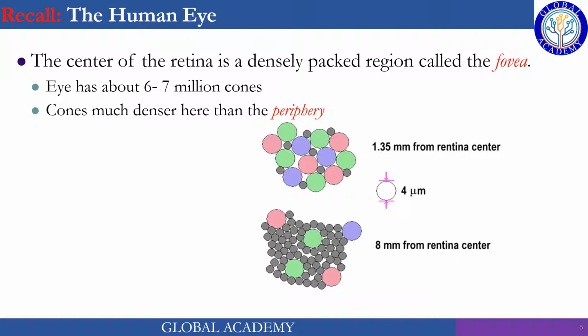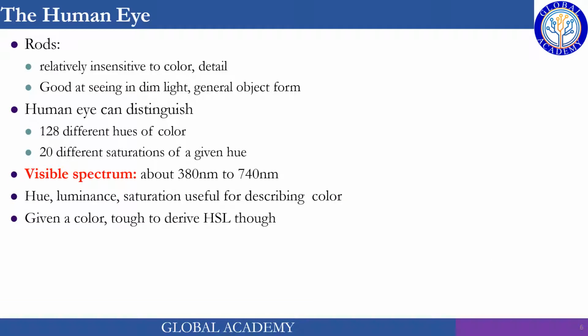And a human eye has about 6 to 7 million cones. Rod cells are relatively less sensitive to color, but rod cells in fact help to perceive the general form or general shape of the object, even in dim light.